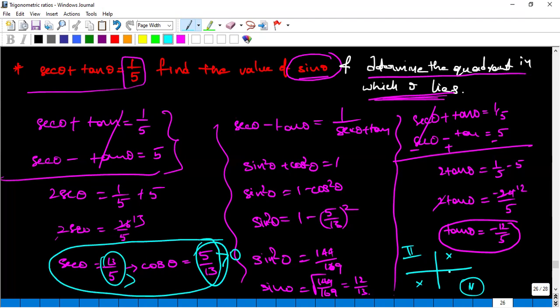What it is? Either first quadrant or fourth quadrant. Secant and cos, they are positive in first quadrant and fourth quadrant. Tan is negative in two quadrants, one is second quadrant and fourth quadrant. So the intersection we can take, in quadrant 4 the theta is. That means here also we will derive sine value as minus 12 by 13.